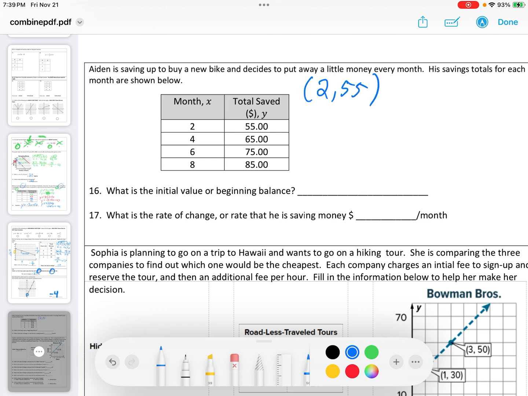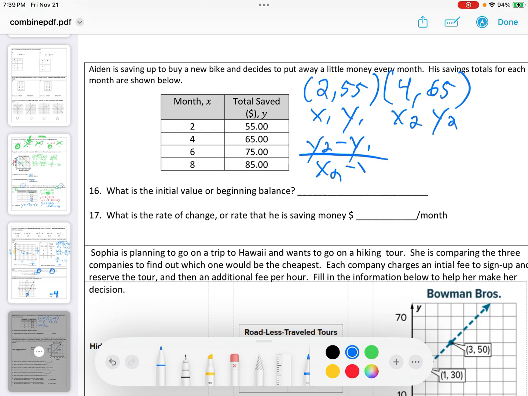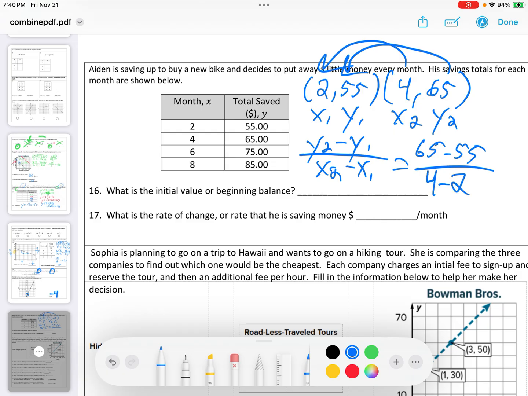Because I don't want to get the wrong answer. Okay, x1, y1, x2, y2. y2 minus y1 over x2 minus x1. 65 minus 55. Sorry if my writing's getting a little sloppier. I am sleepy. 4 minus 2.